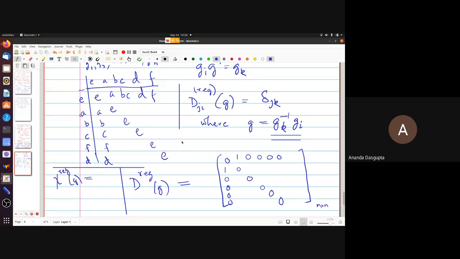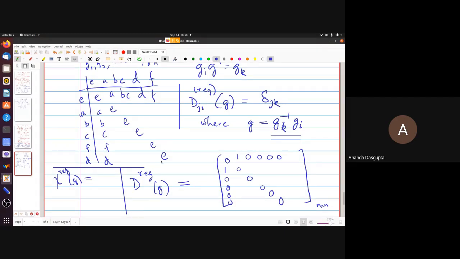Because that's the only thing which has to go there. Nothing else can. Is it okay? The way we wrote down the multiplication table, with group elements labeling the columns and inverses of those elements labeling the rows, made it automatic that the diagonal elements can only be E, can't be anything else. Is that clear?